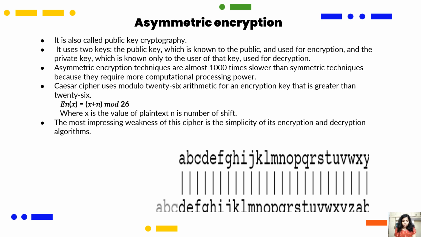Consider the formula for the encryption, where x is the value of the plain text and n is the number of shifts. x will be the value of that plain text, and n will be the number of shifts, how many times we are shifting the alphabets. The most pressing weakness of this cipher is the simplicity of its encryption and decryption algorithms.